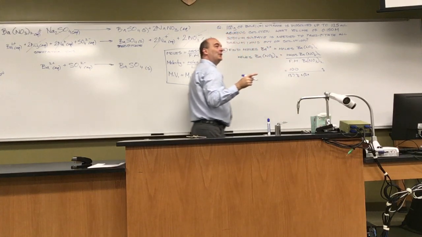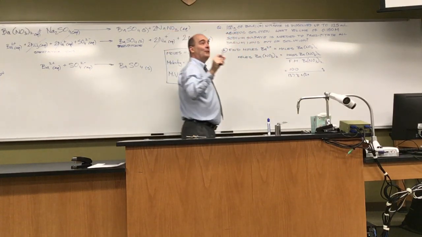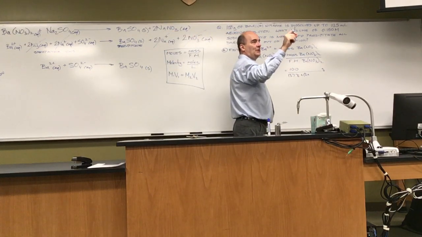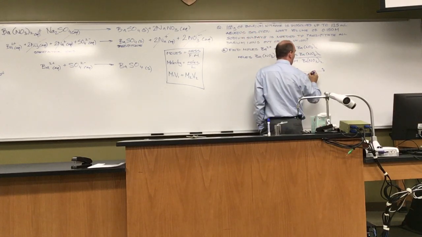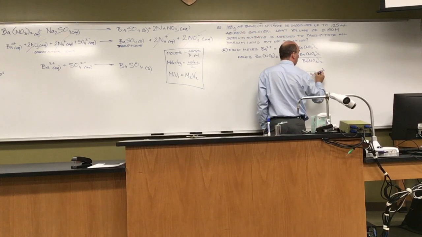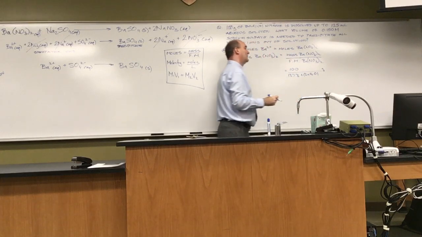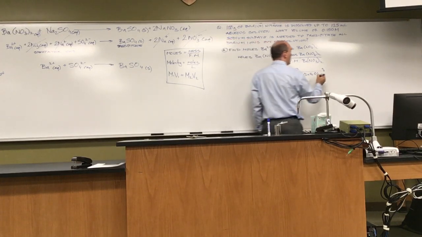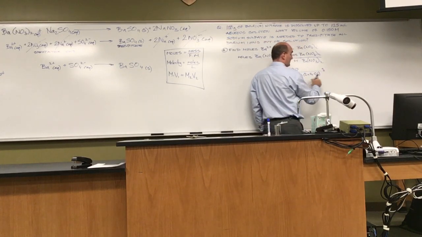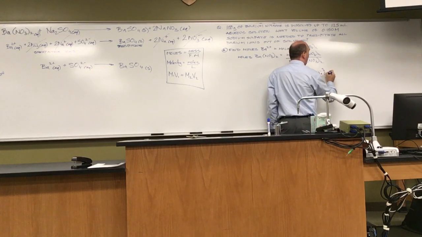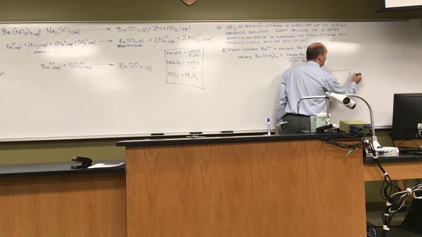My formula mass for nitrogen is right on 14. It's 14.006, so I'm going to let that be 14.01. And double it. And then I'm going to have 6 oxygens. And this is in grams per mole.